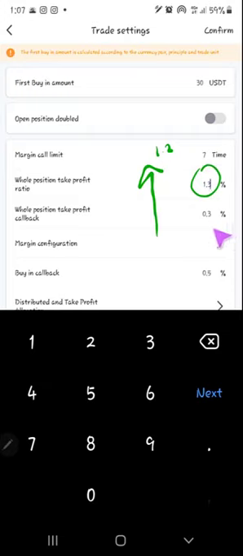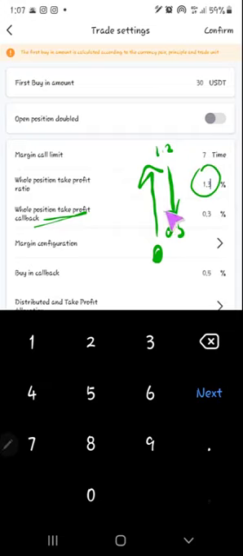Now, what the whole position take profit callback means is, if this coin has pumped to 1.2 and eventually starts going down, if it goes down by 0.3, sell. It is better for you to sell than to lose all the profits and go back to the point where you initially purchased the coin. It's better for you to sell while it's going down. At least take some profits.